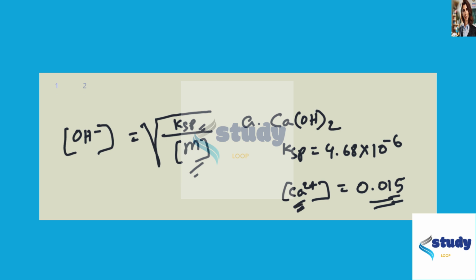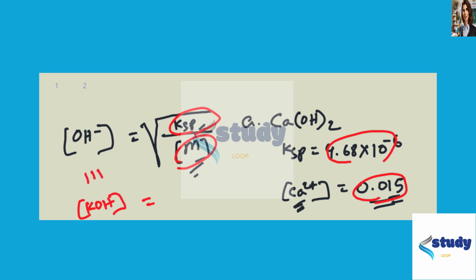If you plug in this value and this value, we'll see that the hydroxide ion concentration, or our KOH concentration, will be equal to 0.018 molar. So this is the minimum concentration of KOH we require to form precipitate with calcium chloride.